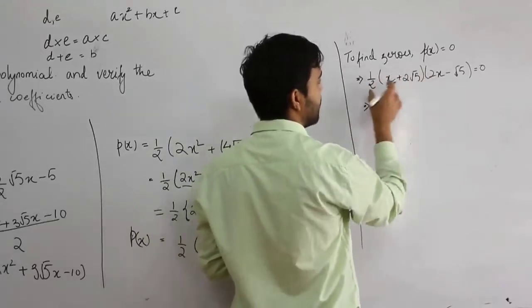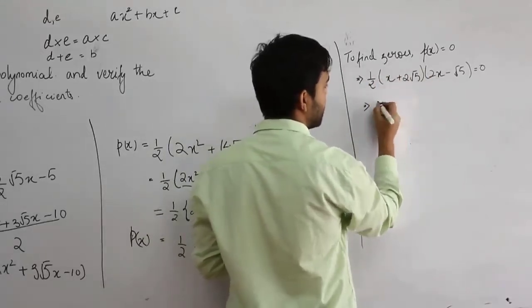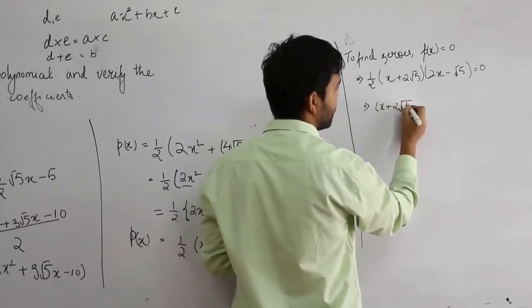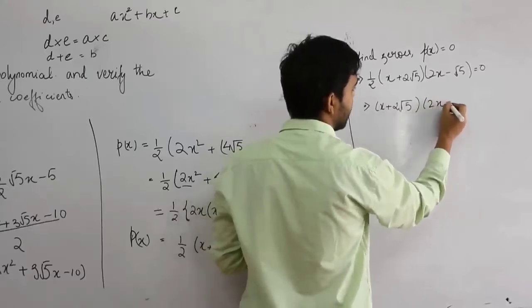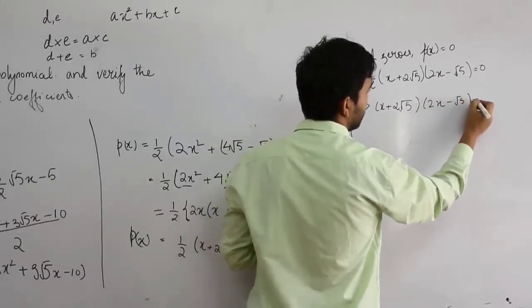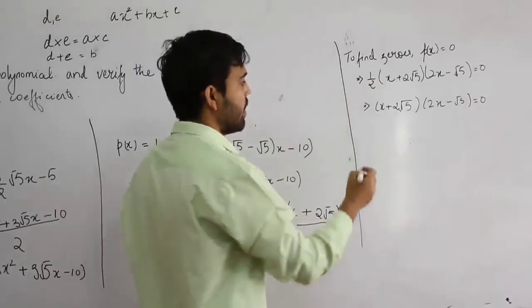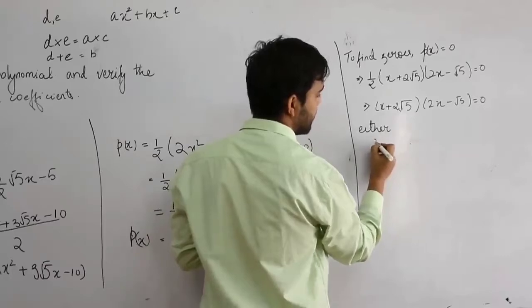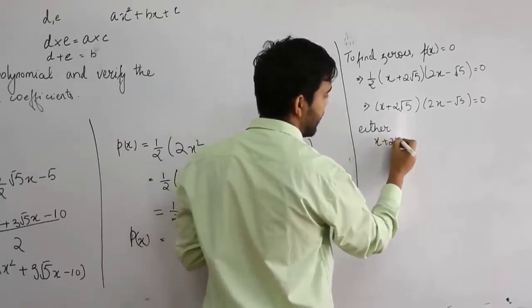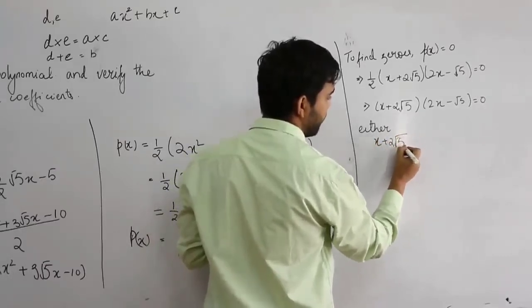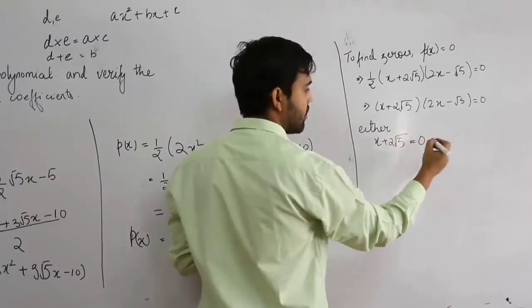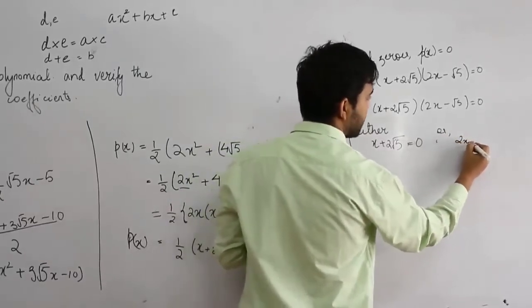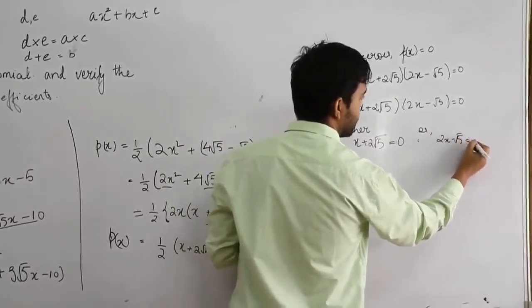Because this term half cannot be 0, this implies that this term is equal to 0. So I have x plus 2 root 5 equal to 0. So from here I can write either the first term, that is x plus 2 root 5, is equal to 0, or the second term, that is 2x minus root 5 is equal to 0.